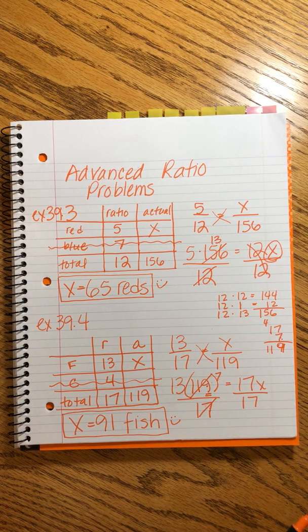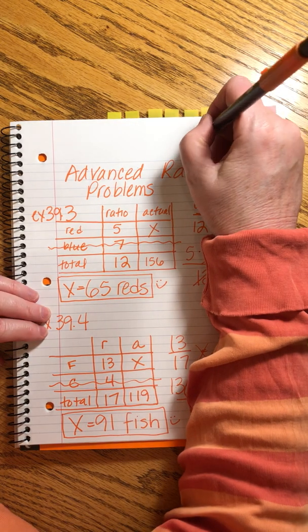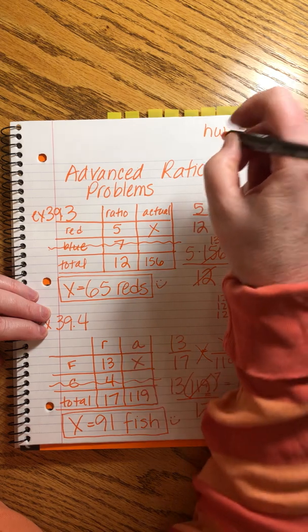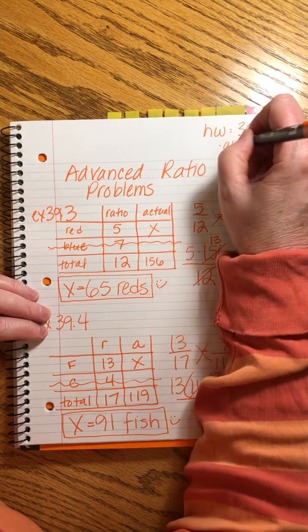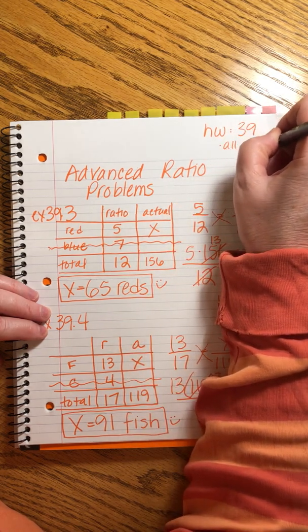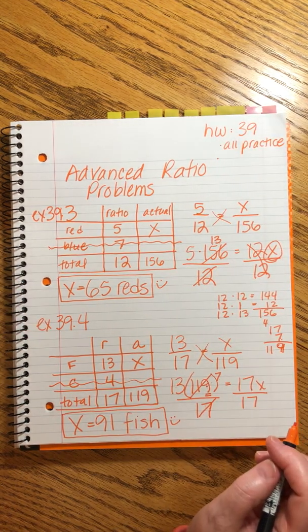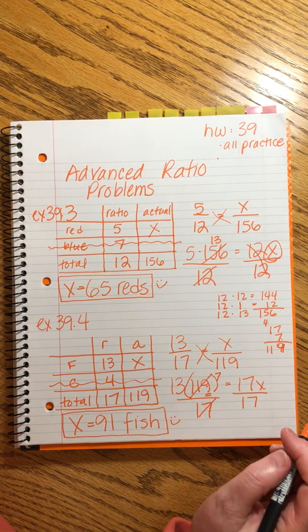Oh, I want to tell you for your homework, for this lesson, 39, I want you to do all the practice. And let me just look at the homework really fast. I think I want you to do 1 through 15 odds.